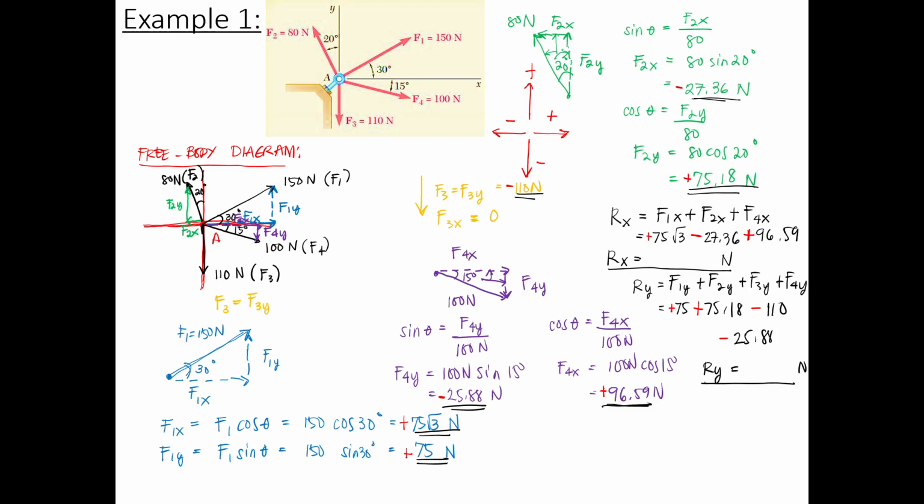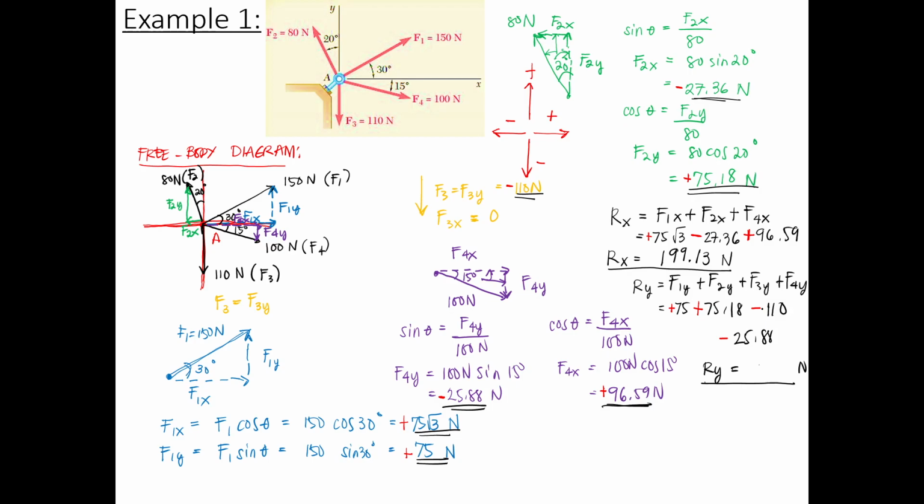So the total resultant of x is 199.13 newtons. And for the vertical component of your resultant, the total is 14.3.